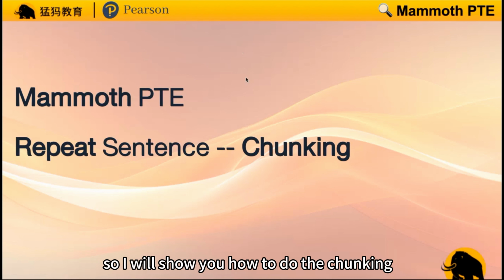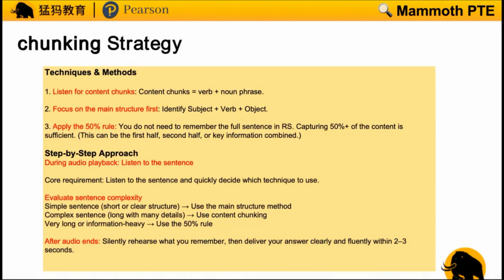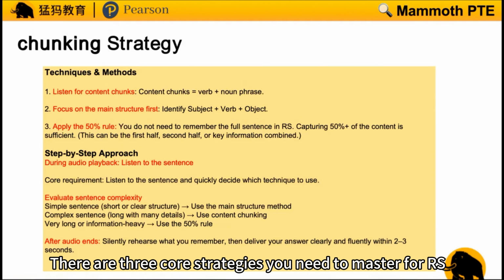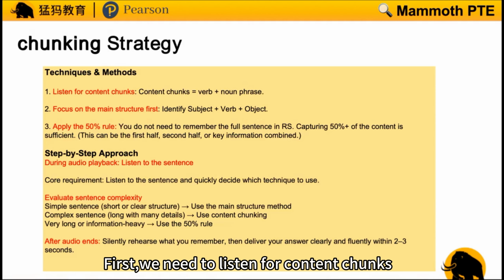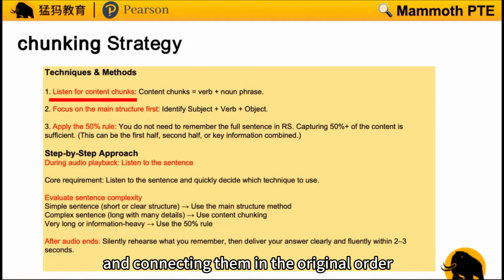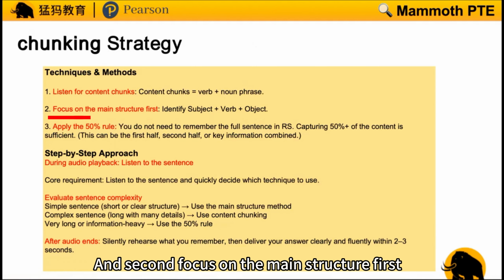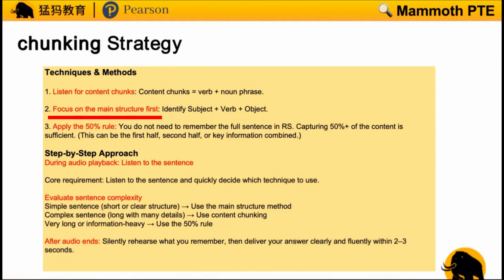So I will show you how to do the chunking. First, the techniques and methods. There are three core strategies you need to master for the RS. First, we need to listen for the content chunks, which means you need to focus on the verb plus noun phrases and connect them in the original order. And second, focus on the main structure first.